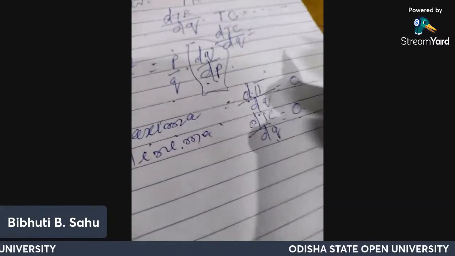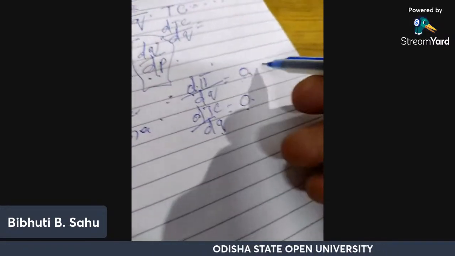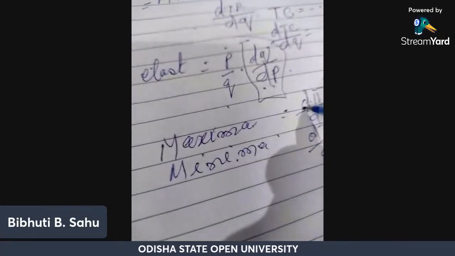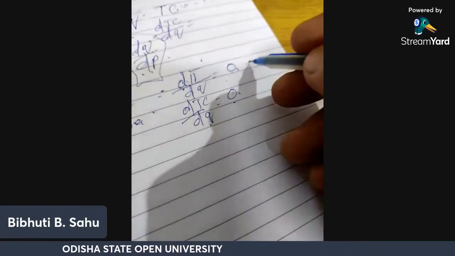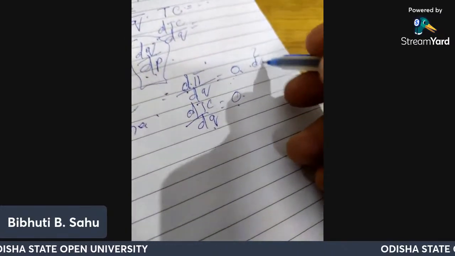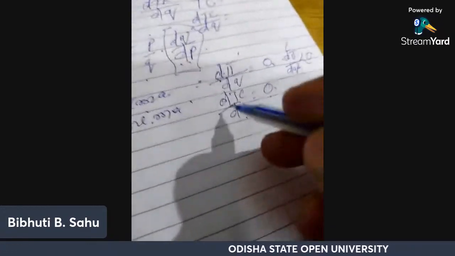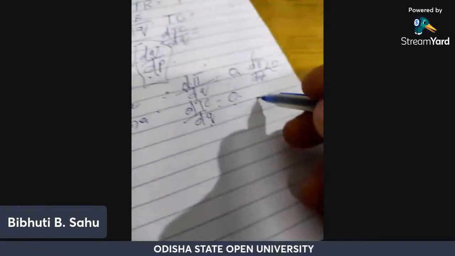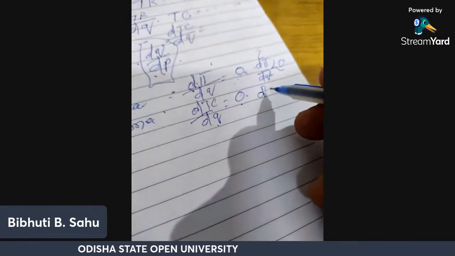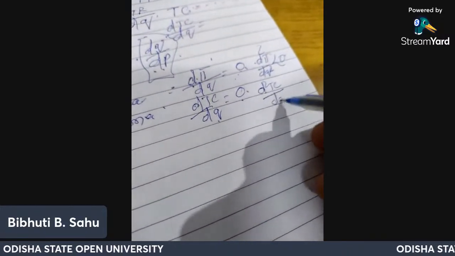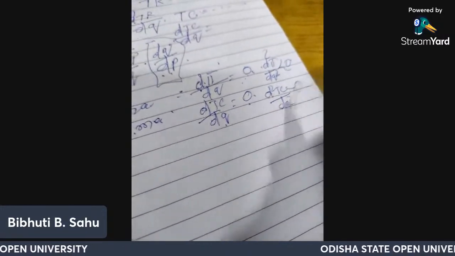But to know the maximum or minimum, the second order condition for the maximum is d square pi by dq square less than 0, and for the minimum, d square TC by dq square greater than 0.